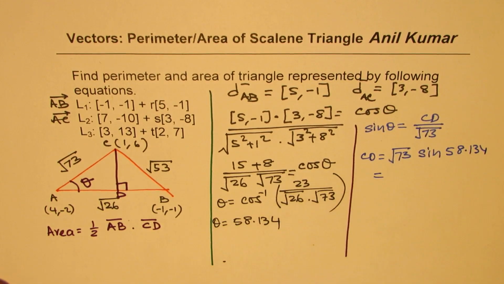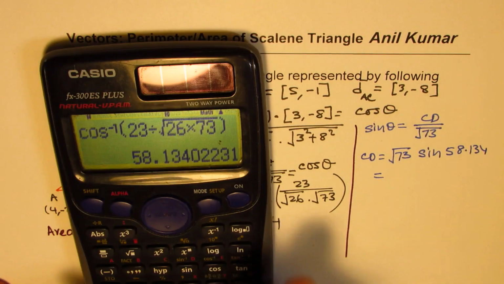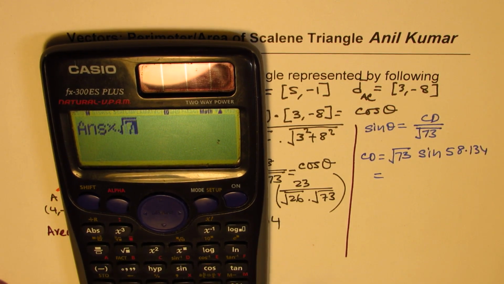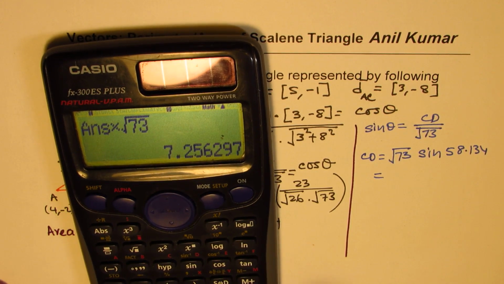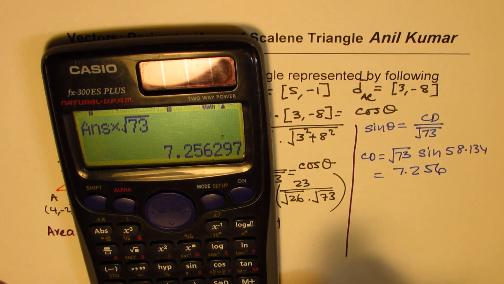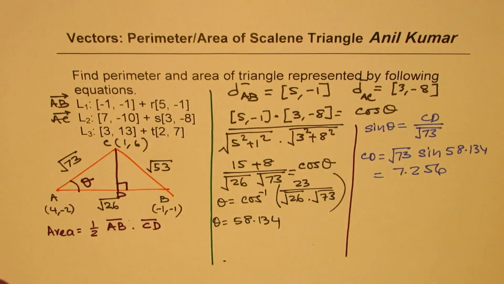Correct? So we already have the angle here. We can say sine of our answer times square root of 73 is equal to 7.256. So that is the length of the altitude.